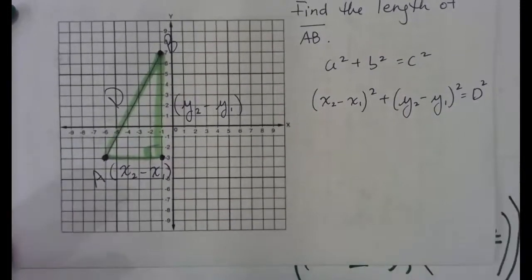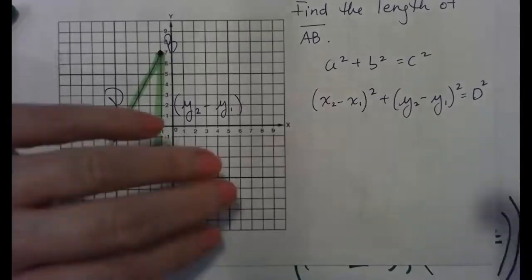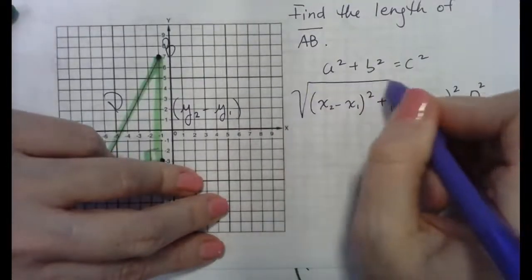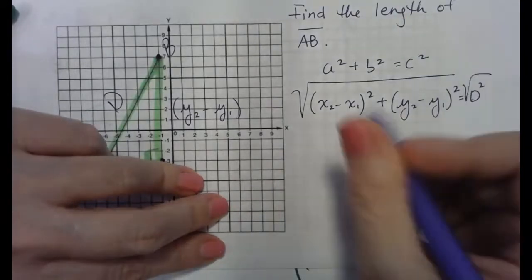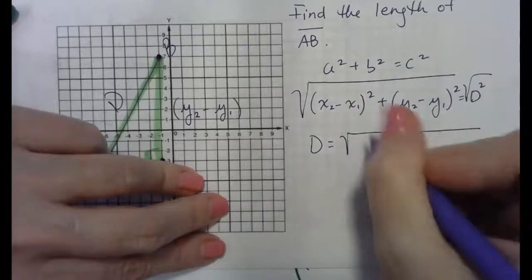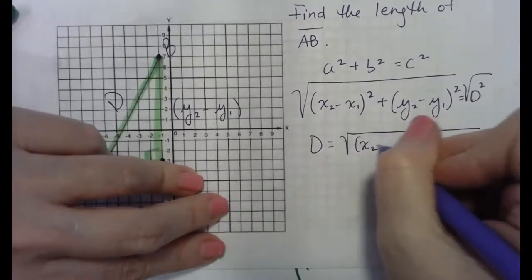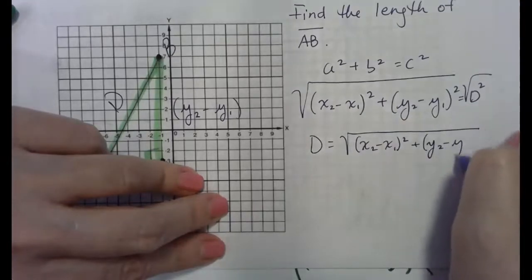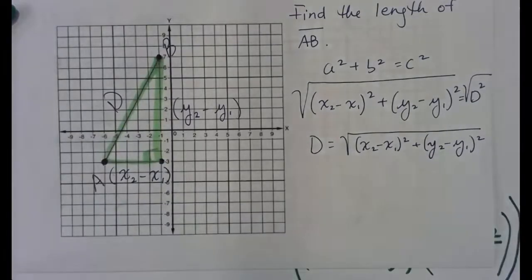It comes directly from the Pythagorean theorem. Normally when we see the distance formula, we see it underneath the square root because we want it solved exactly for d. So the square root of x sub 2 minus x sub 1 squared plus y sub 2 minus y sub 1 squared. There's your distance formula, right from the Pythagorean theorem.